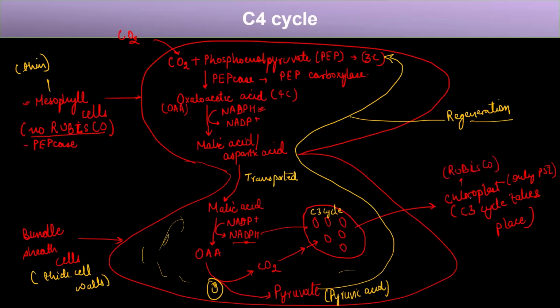So the question is, Rubisco can bind to the oxygen here, right? But if you see, these chloroplasts have the thylakoids that contain only PS1, right?